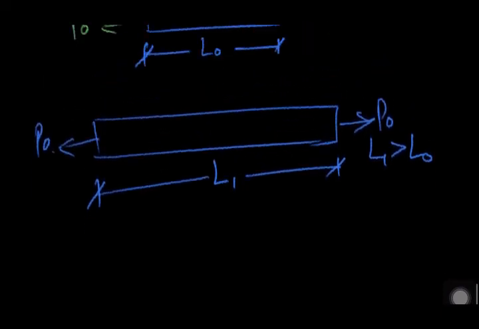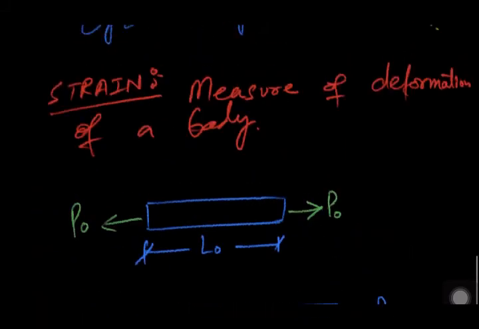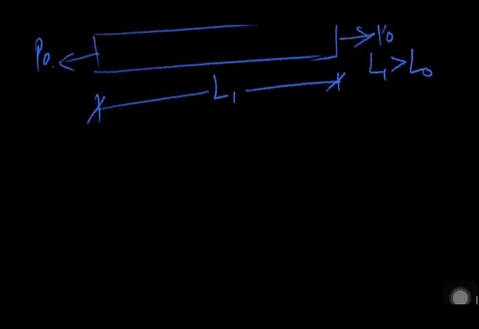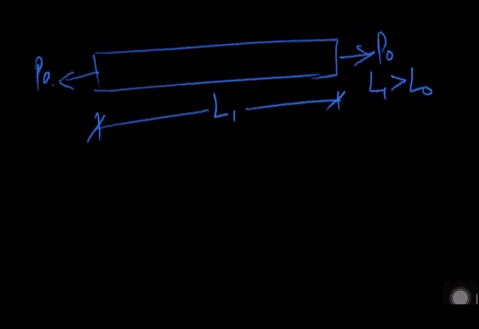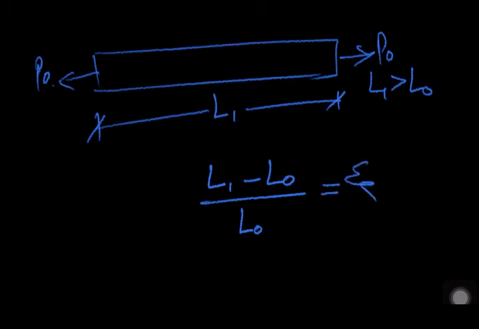So we define strain as the measure of deformation of a body. That means how much the body has deformed. Therefore, we can write L1 minus L0, how much it has been deformed, over its original length L0. This is how we define strain.